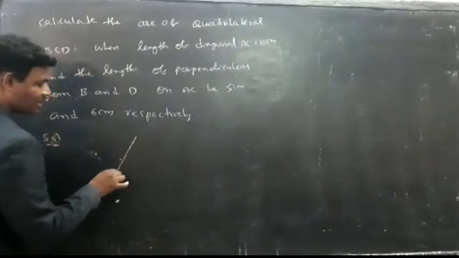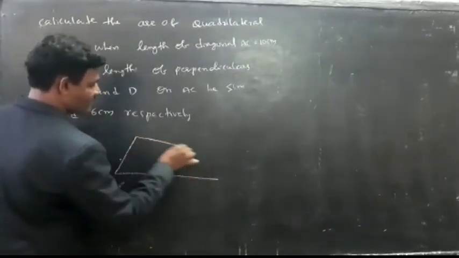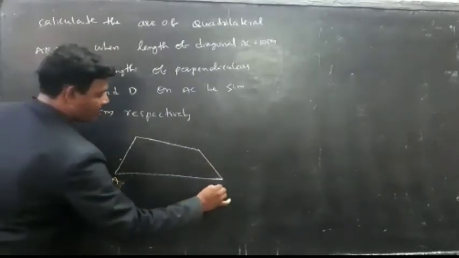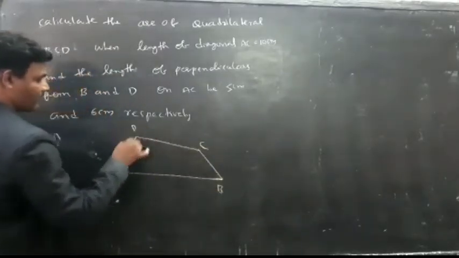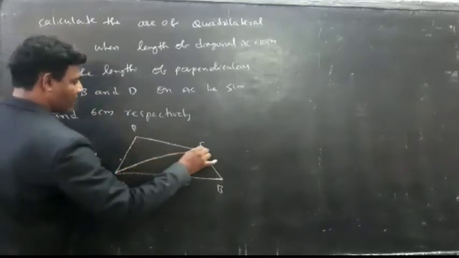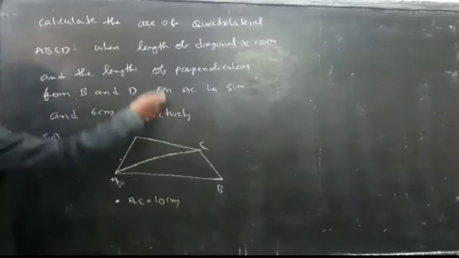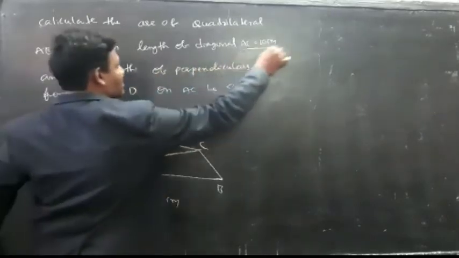Here is one quadrilateral, named A, B, C and D. AC is a diagonal. What is the length of AC here? 10 centimeters. The length of AC is equal to 10 centimeters.